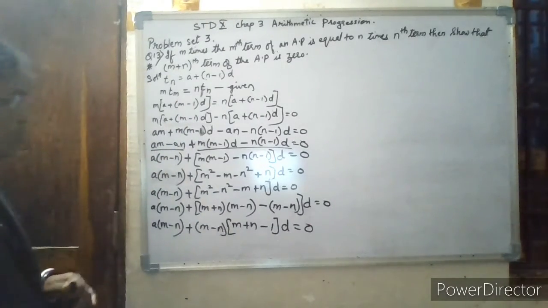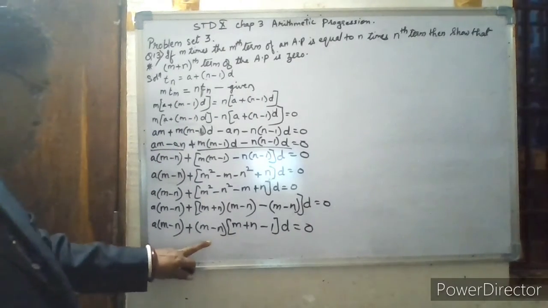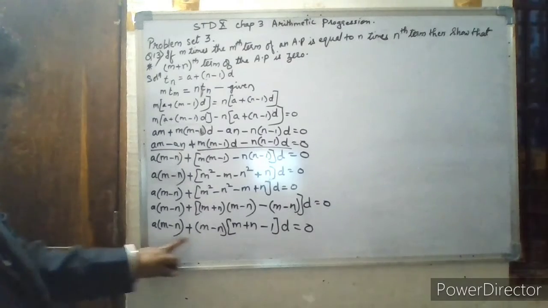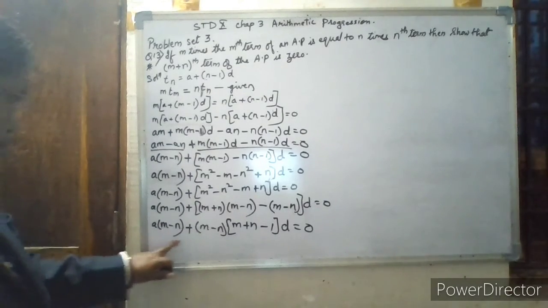Now here, in both the terms we have got m minus n.